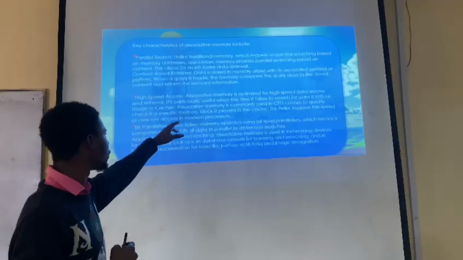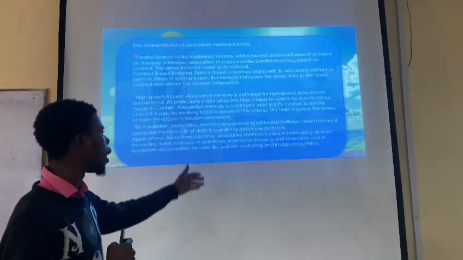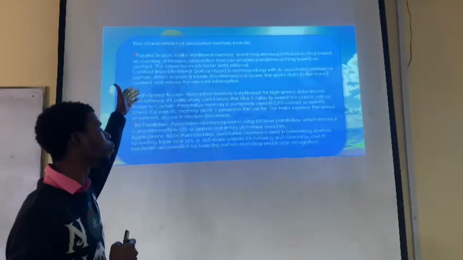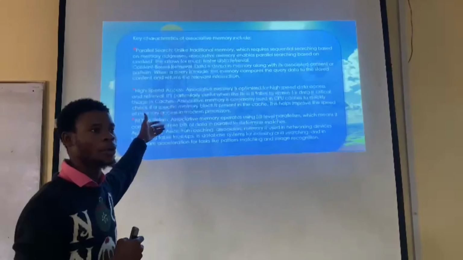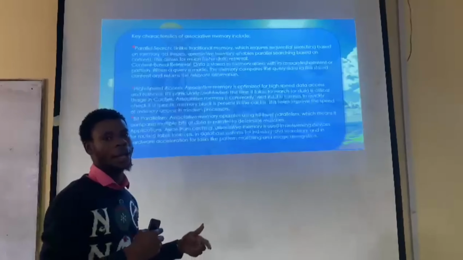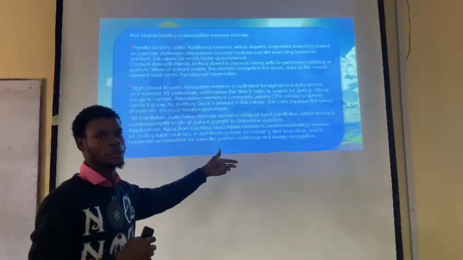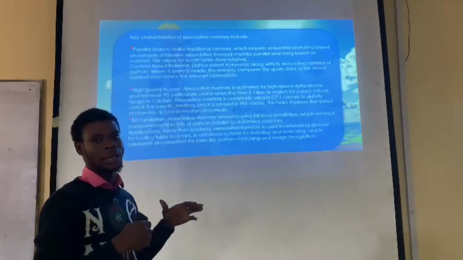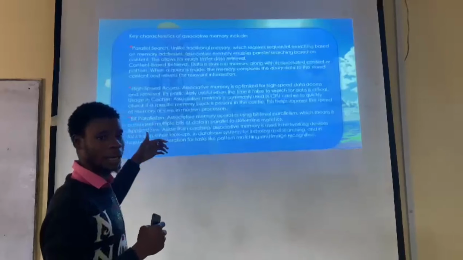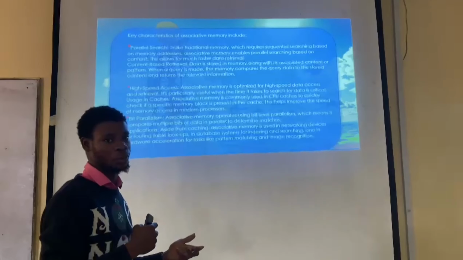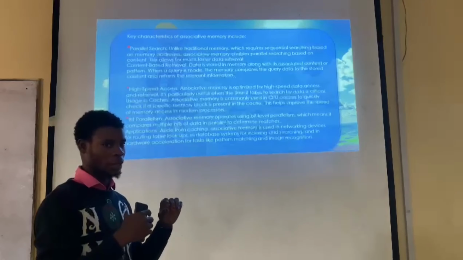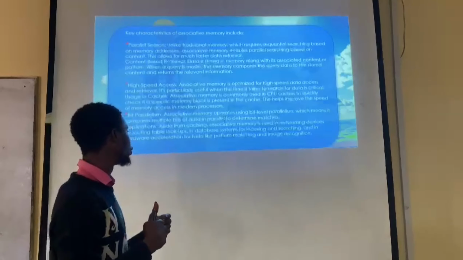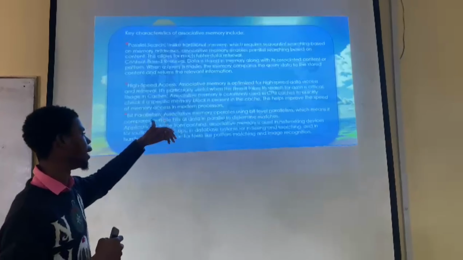Unlike the parallel one, you don't go and look for where you saved your data. You just type the content and everything is retrieved. Because it's well suited for high speed, the speed is very, very close to instant, retrieving your data.